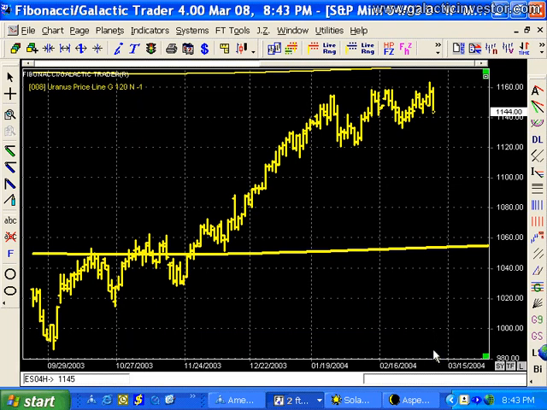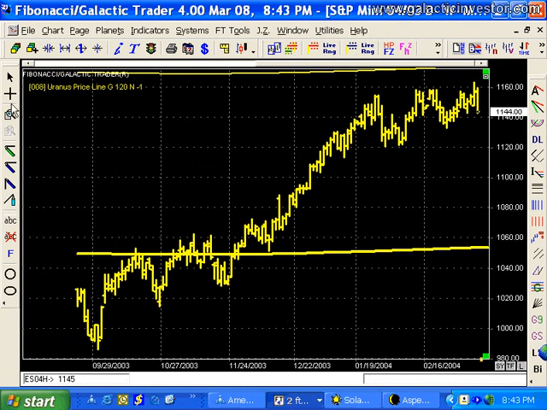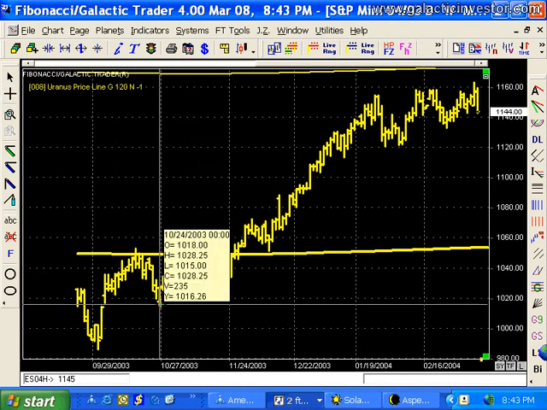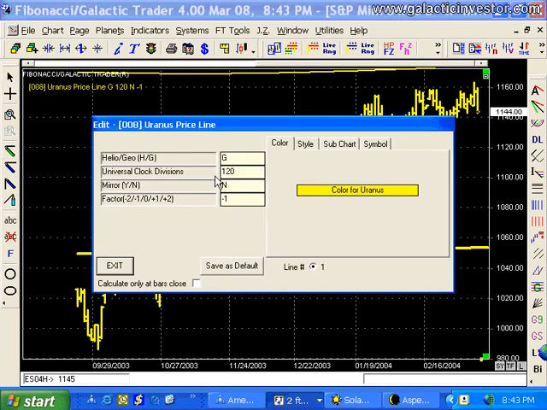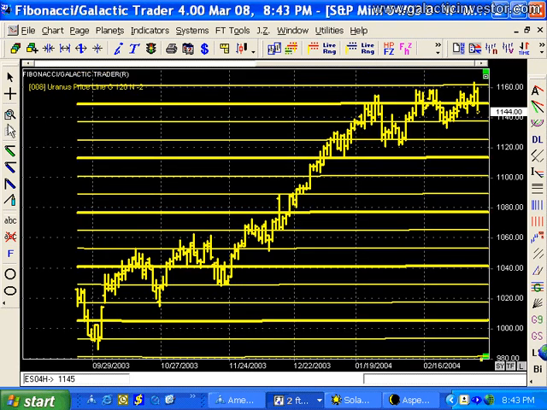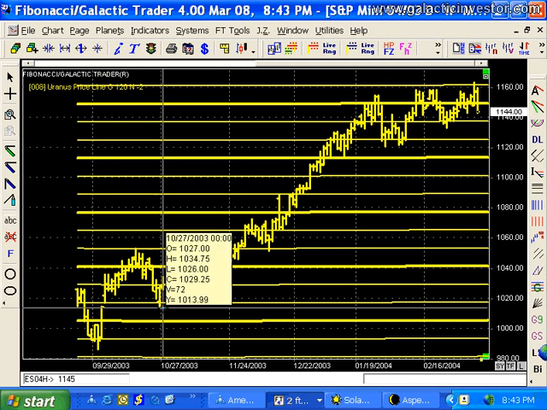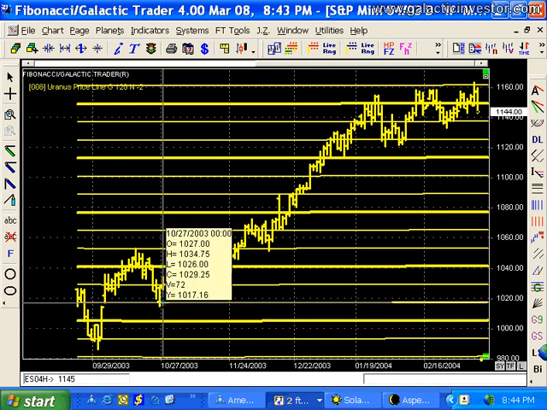We're looking at the 24th, this bar. At this factor, that's not what we're looking for. We need to change it to -2, which will move the lines 12 points apart instead of 120 points apart. So the Uranus line is not hitting the low.